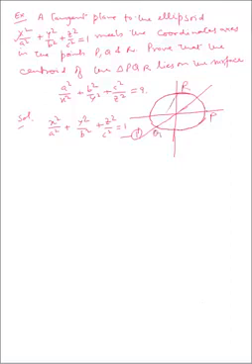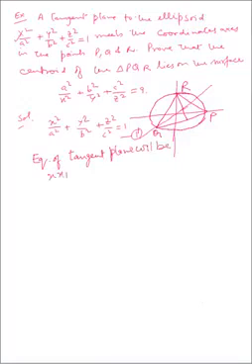We join these 3 points and take the midpoint of this. So the equation of the tangent plane, which we have studied in the previous video, will be xx1/a² + yy1/b² + zz1/c² is equal to 1.